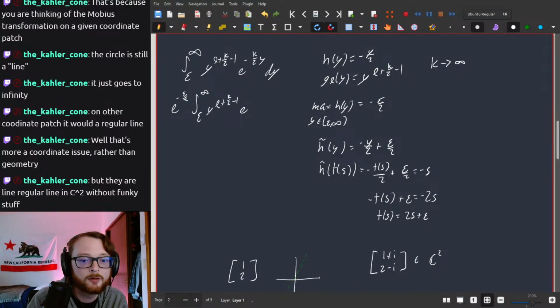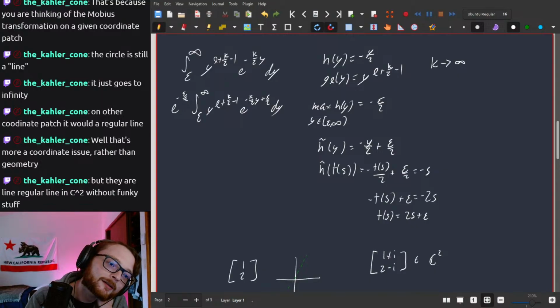I can have an e to the plus epsilon over 2 inside here. They're a regular line in C2 without the funky stuff? Okay.